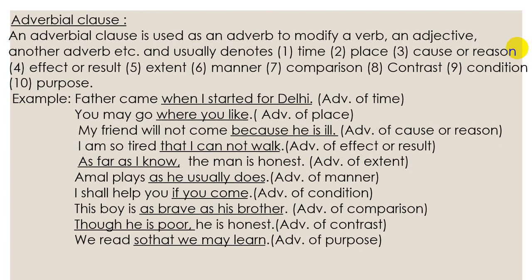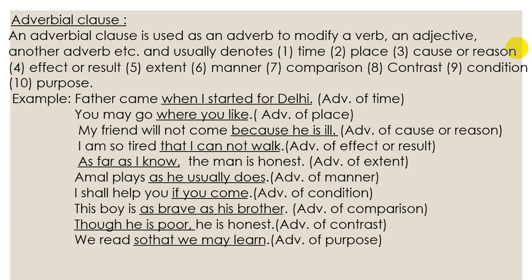Next sentence, as far as I know, the man is honest. As far as I know denotes adverb of extent. Amal plays as he usually does. As he usually does denotes adverb of manner. I shall help you if you come. If you come denotes adverb of condition. This boy is as brave as his brother.